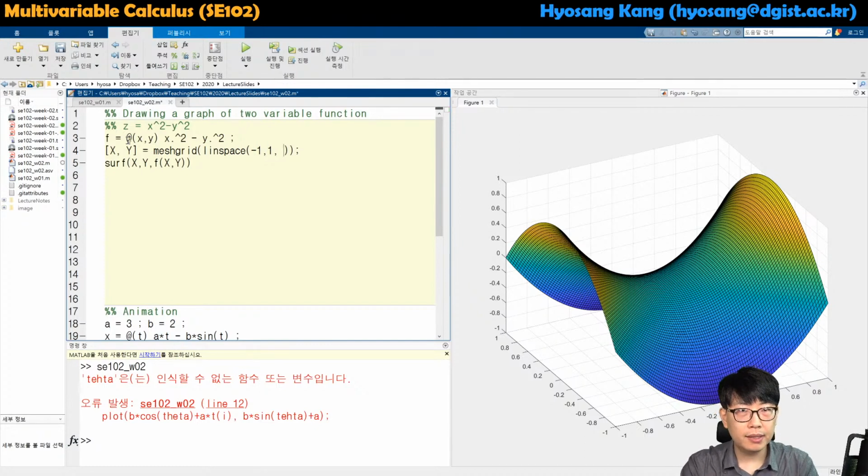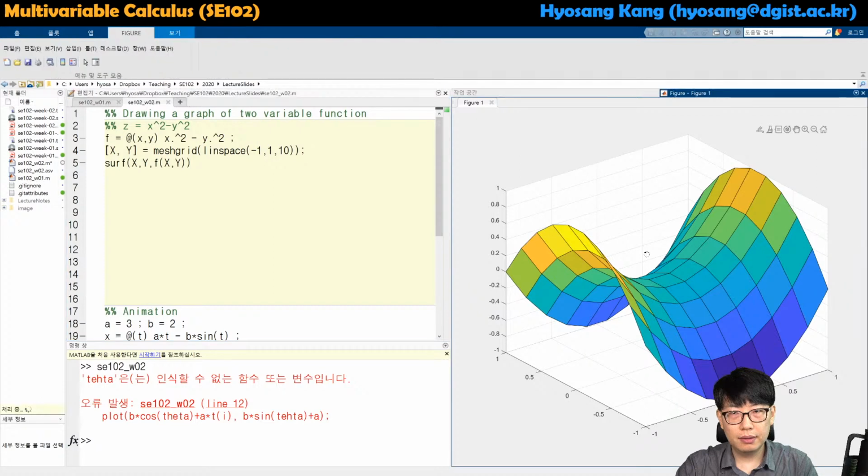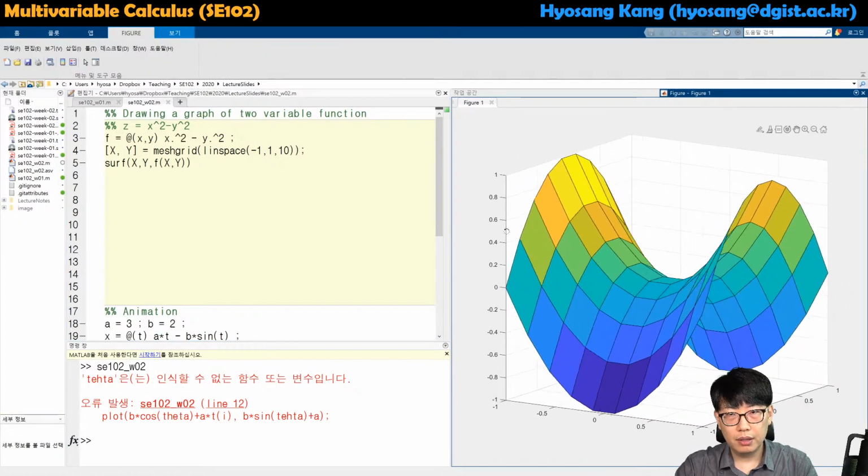What I mean by that is, in the first picture I drew a 100-entry array, but if I take a 10-entry array, then my picture looks like a polygon.